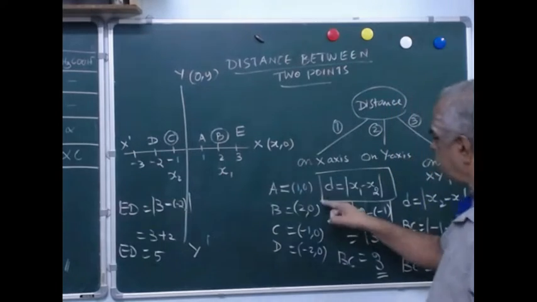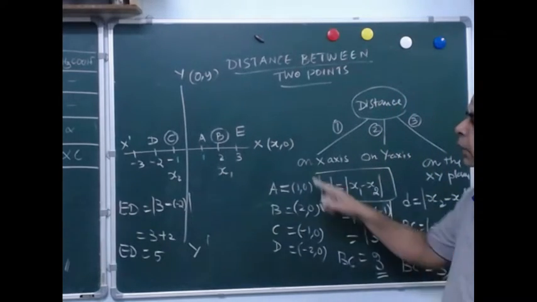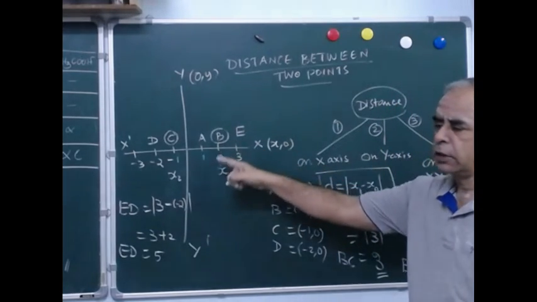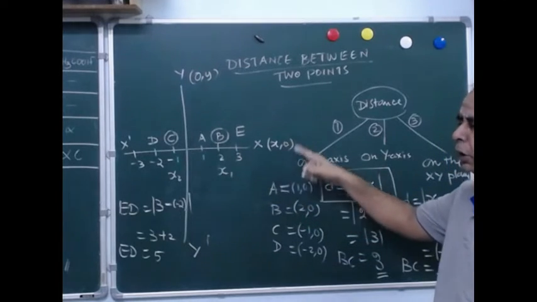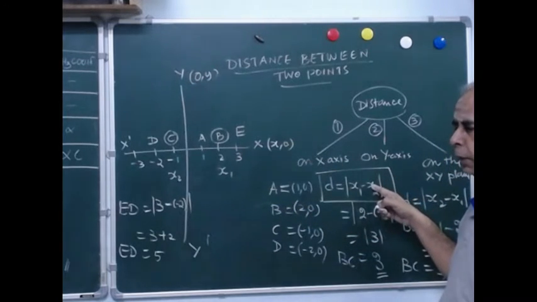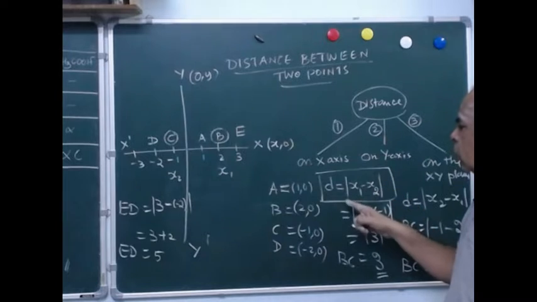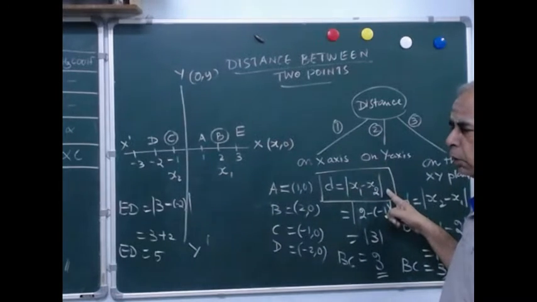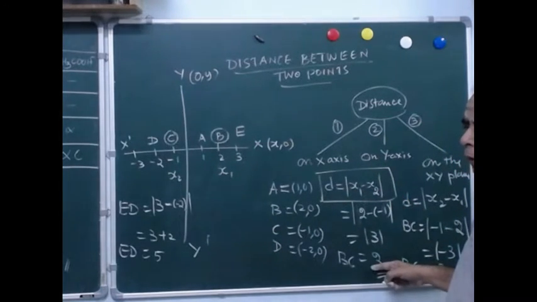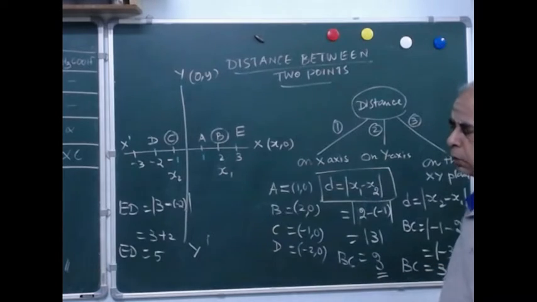So from this it is clear that you can subtract either final minus initial or initial minus final. But when you put it within the modulus, you get the positive value. Are you able to follow this? Right, please take down.